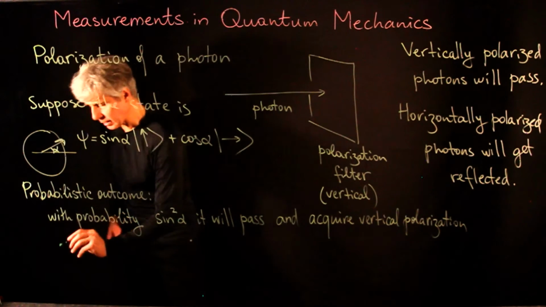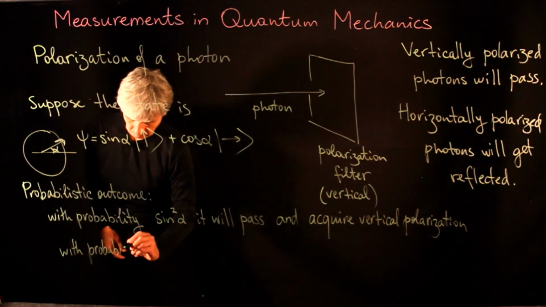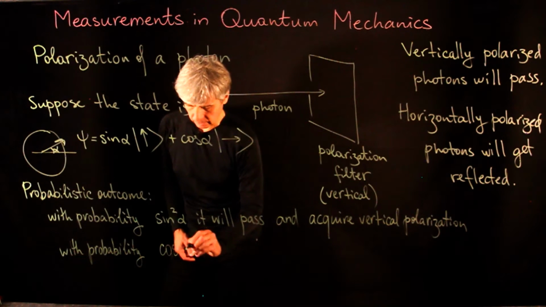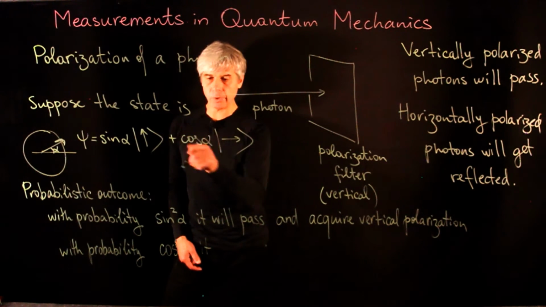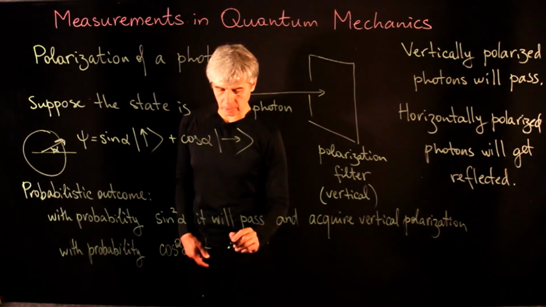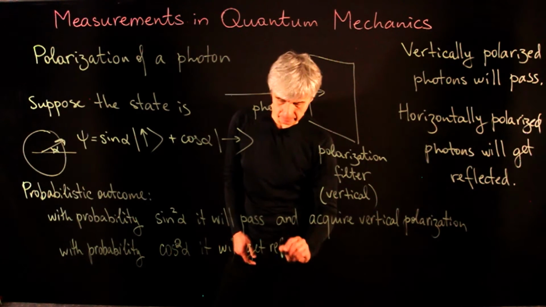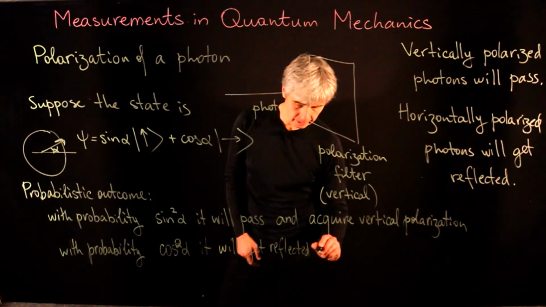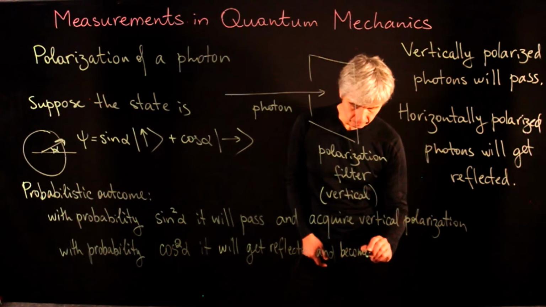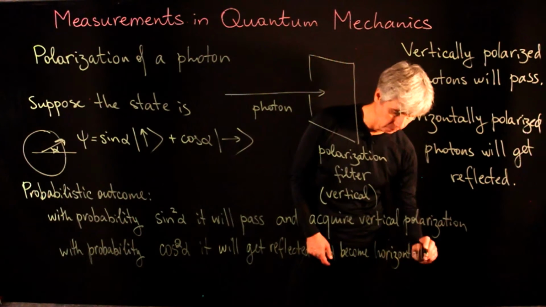And with probability cos squared alpha, which is the square of the norm of this coefficient, it will get reflected and become horizontally polarized.